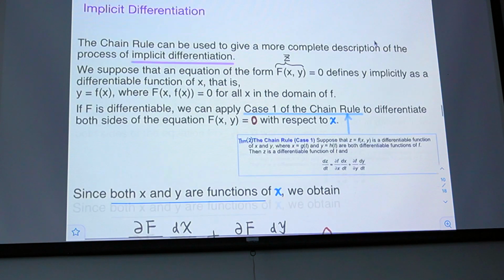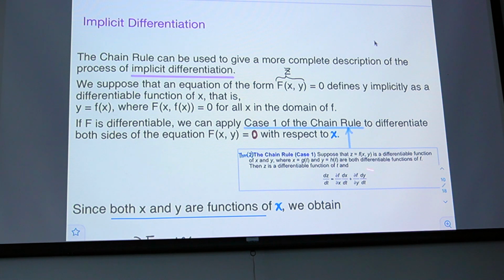To differentiate this with respect to x, we're going to apply the chain rule. What's the derivative of this with respect to x? Partial f, partial x times what? dx what?